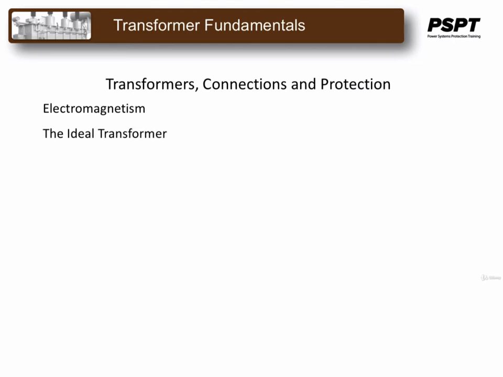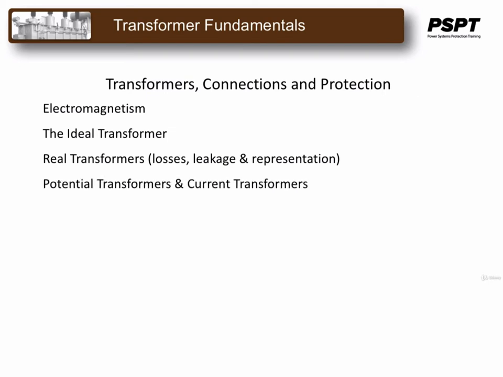That will lead us to having a look at the ideal transformer, and then we will move on to what we will call the real transformer, which will include losses and leakages and how we represent it in electrical diagrams. We then will have a look at instrument transformers, potential transformers, and current transformers.